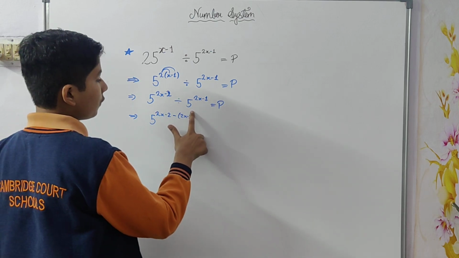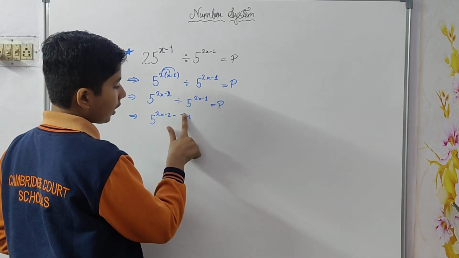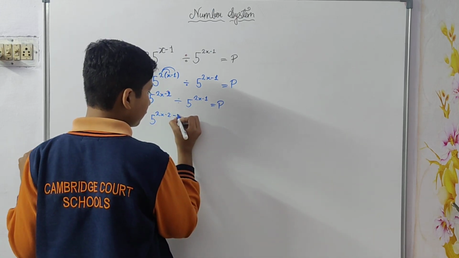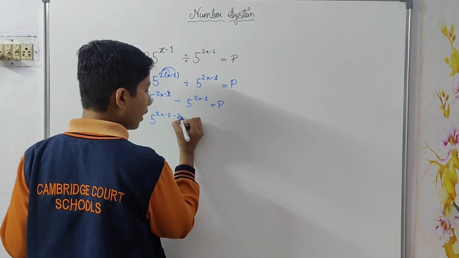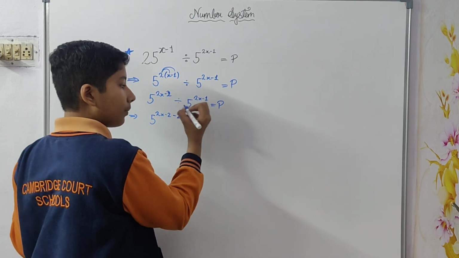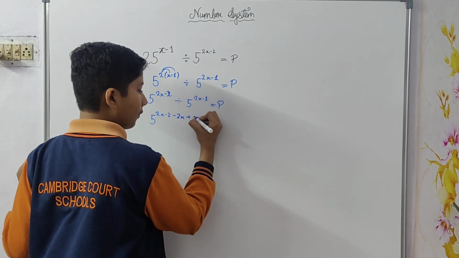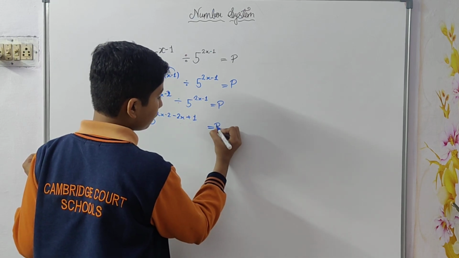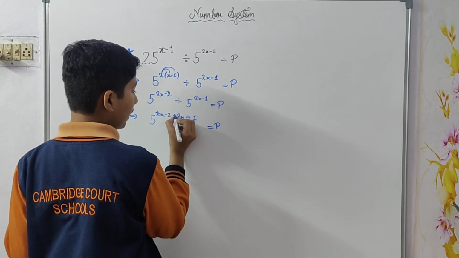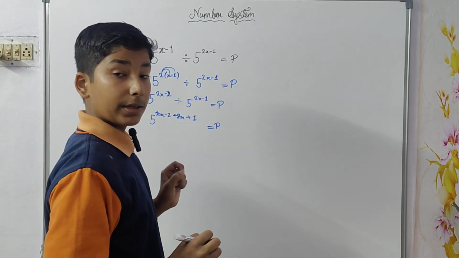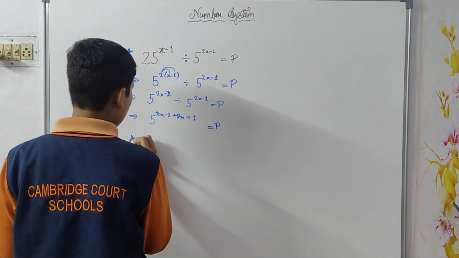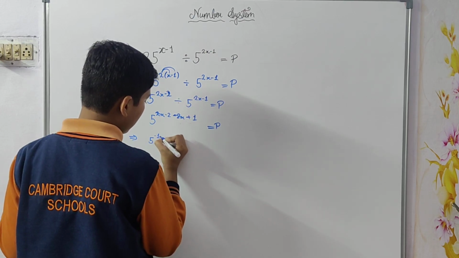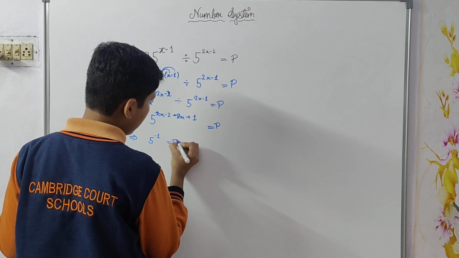Now if you remove the brackets, the signs inside the bracket will get changed. So it was plus 2x, it will be minus 2x. It was minus 1, so this will be plus 1, equals p. Now 2x minus 2x cut, but plus 1 and minus 2 will remain. 5 to the power minus 1 equals p.